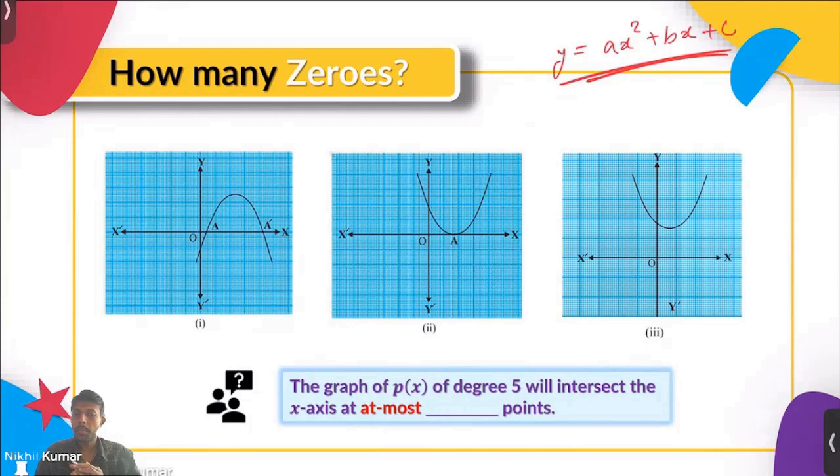This is the general form of our quadratic polynomial. For the first graph, is a positive or negative? A greater than 0 or a less than 0? What should be the sign of a?